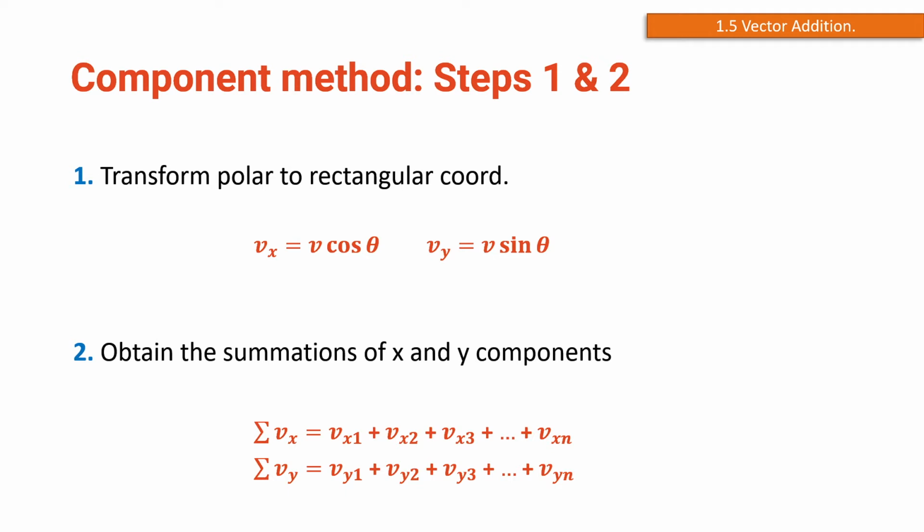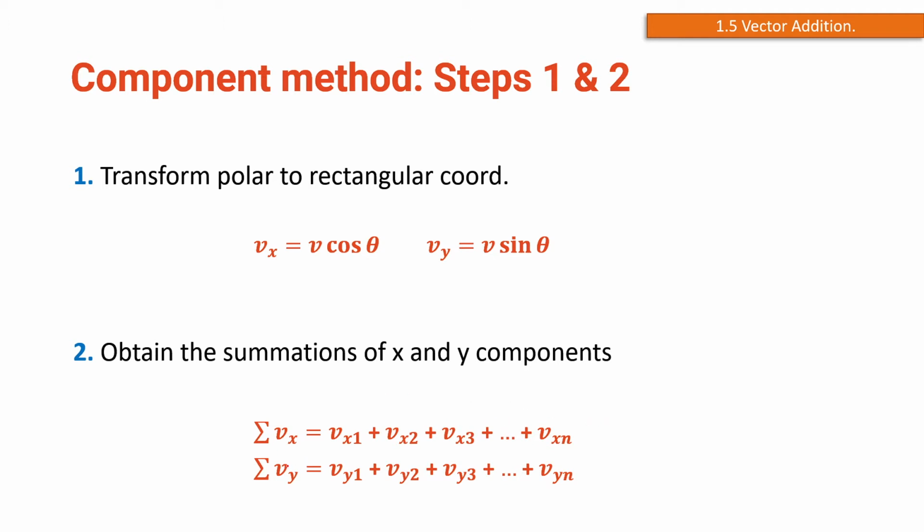You may remember that from these formulas that we saw yesterday. And step number 2 is to obtain the summation of x and y components. As I briefly mentioned in the class, these are summatories, and what it means is that you need to add all the x components of vector 1, x component of vector 2, x component of vector number 3, and so on.